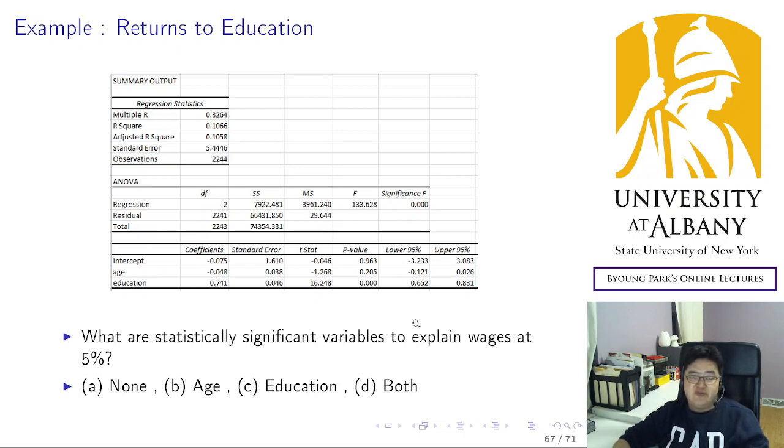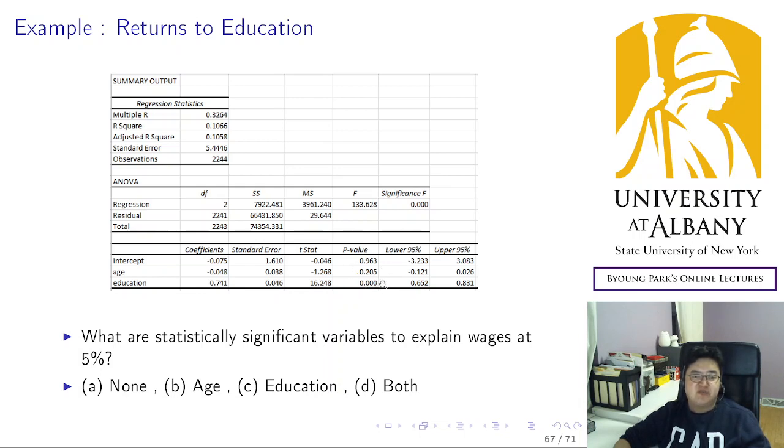Let me give you the answer. The answer is, so statistically significant at 5% means the null hypothesis of zero slope should be rejected at 5%. P-value should be smaller than 5%, and you may look at this p-value.